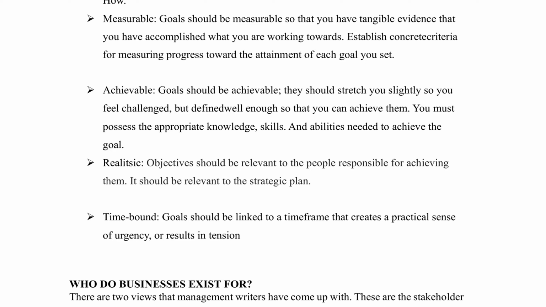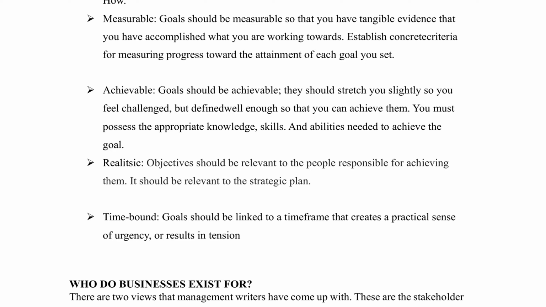Is that clear? So we are just checking, is this person affected? Or is this entity affected? In what way are they affected? Are they interested in the operations? If at all they are, then they are what? They are stakeholders.